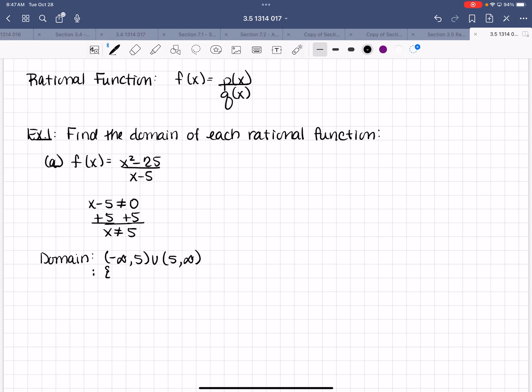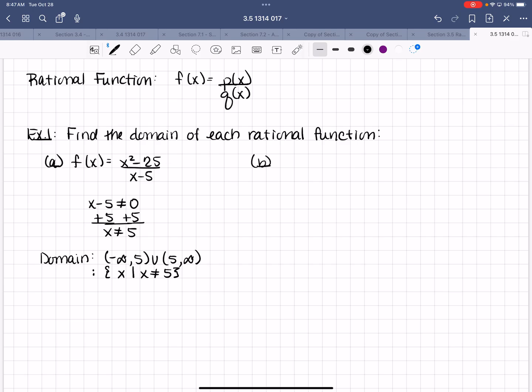We can simply write x such that, remember that straight line means such that, x cannot equal 5. And you can list it that easily in set builder. I know the examples in the book, we're listing it both ways. I've not checked your homework problems to see if they want set builder or interval notation. So I'm going to list it both ways here.